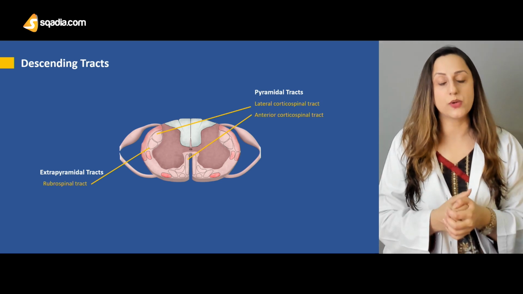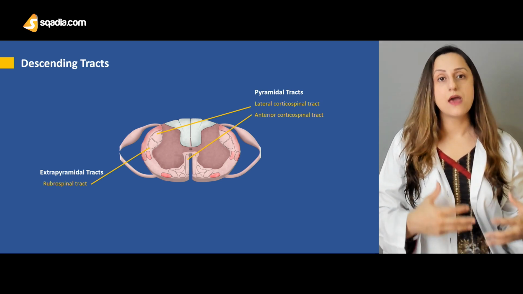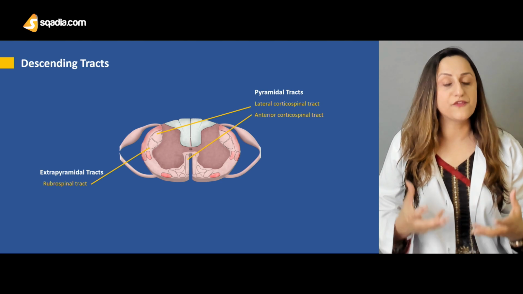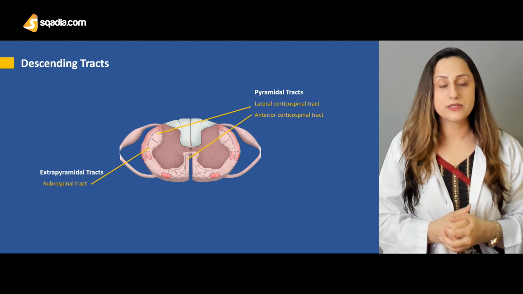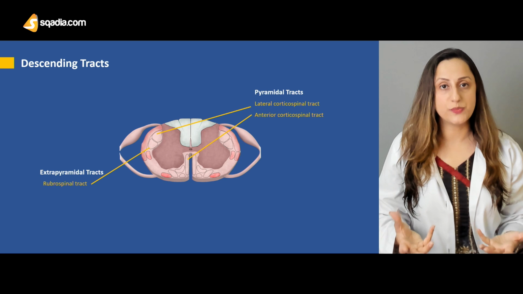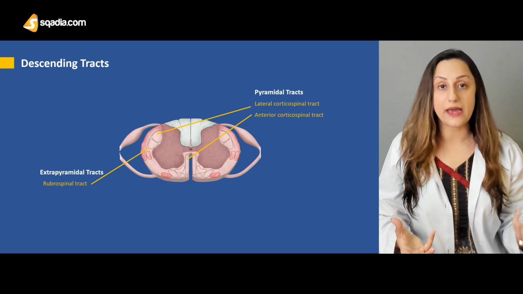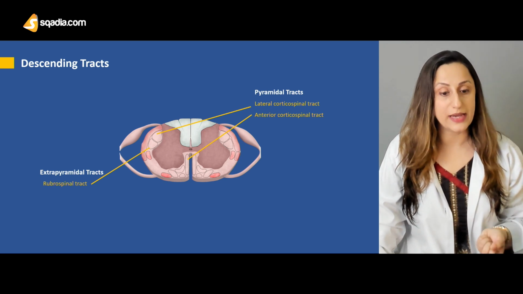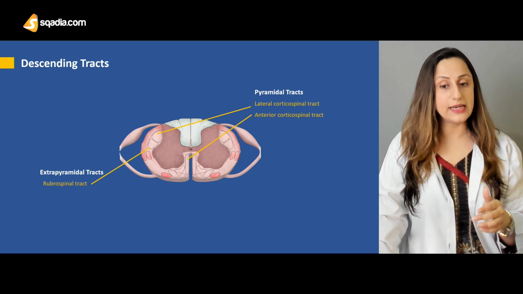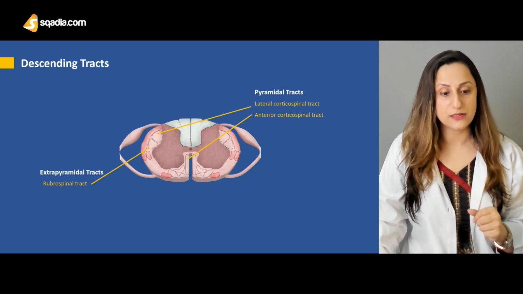For instance, the rubrospinal tract is facilitating the flexor muscles. So any movement that they would be conducting, the facilitation would be carried out through this particular rubrospinal tract that is present anteriorly to the lateral corticospinal tract.